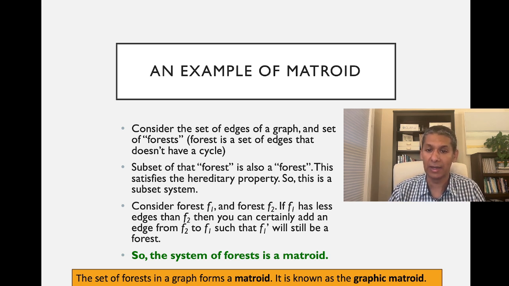So that's just an example of a matroid. The set of forests in a graph forms a matroid. It has a specific name. It is known as the graphic matroid. Okay. So here we're just giving you an example of a matroid.